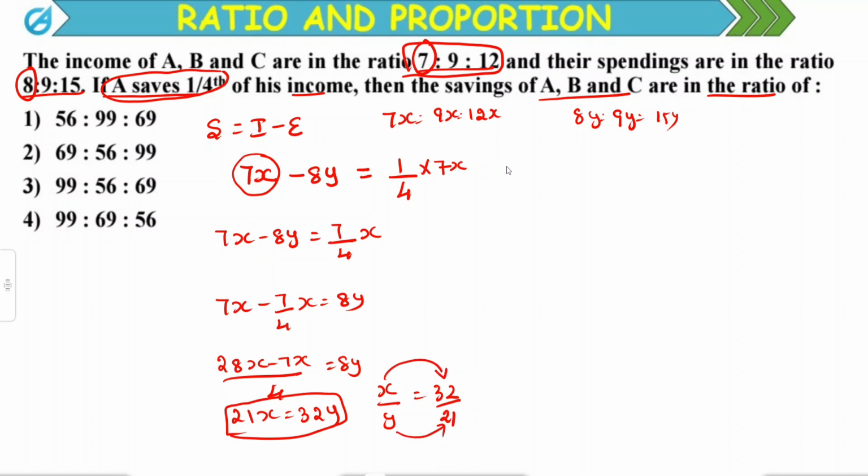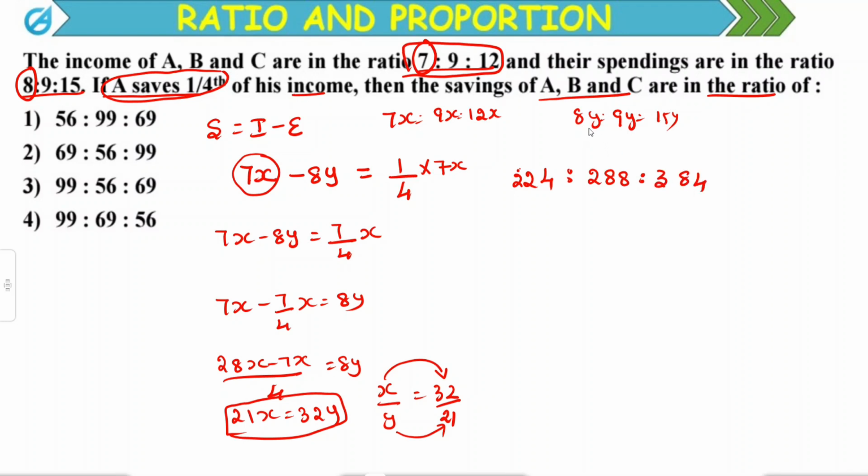See, what is 7 into 32? 7 2s are 14, so 224. So 7x will be 224. What about 9x? 320 minus 32, we'll be getting 288. Next one, 12x. 64, so you'll be getting 384.